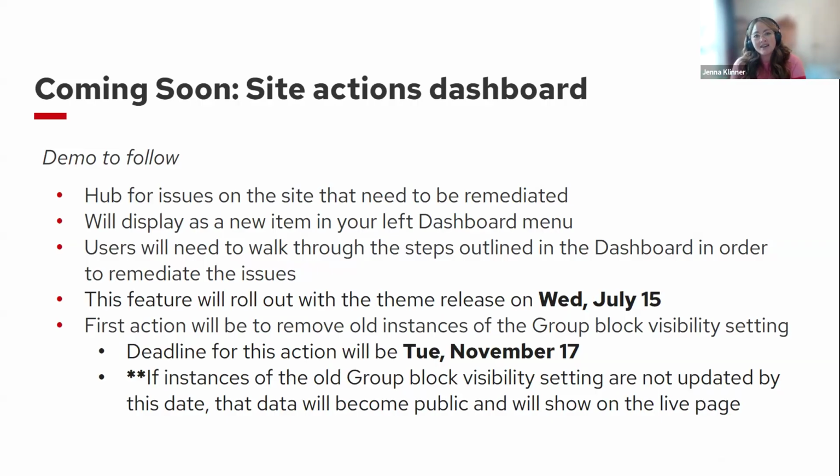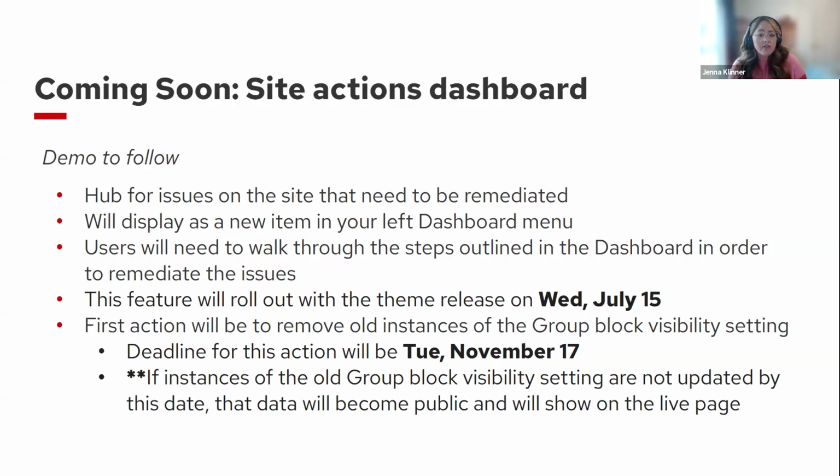However, WordPress did release a very similar feature for block visibility that is available for the group block. So we're trying to switch people over to that where we can use WordPress core technology. We really do try to as much as possible. We don't want to be duplicating things they already provide. So that first action that will be listed there if you're impacted will be about group block visibility. The deadline for that one we've set to be Tuesday, November 17th.